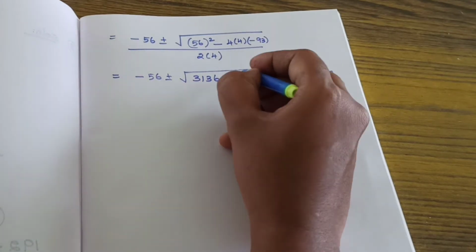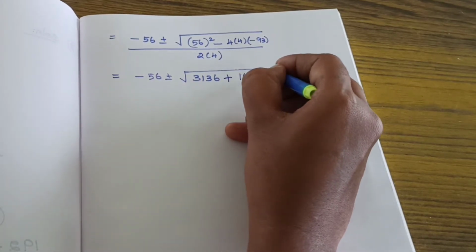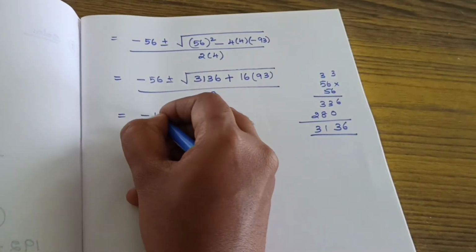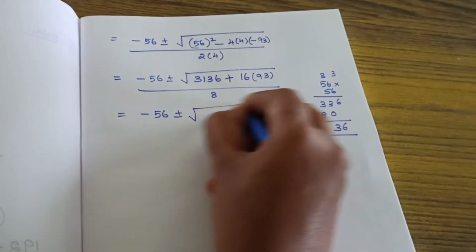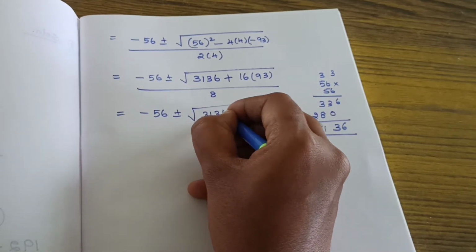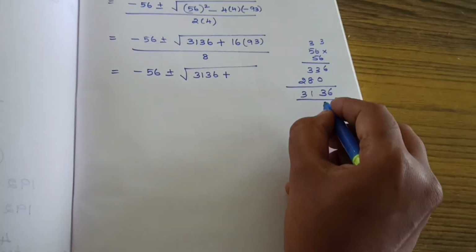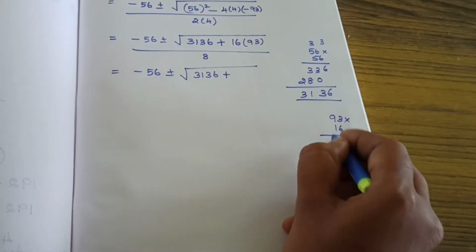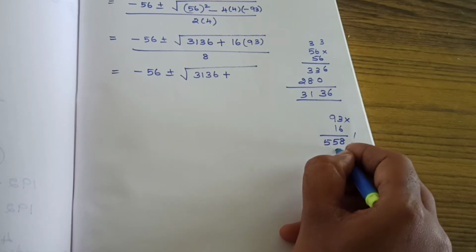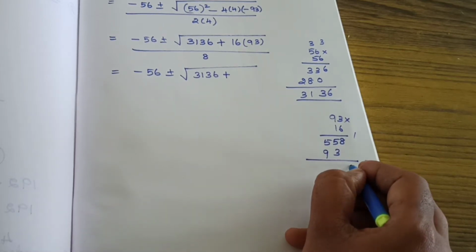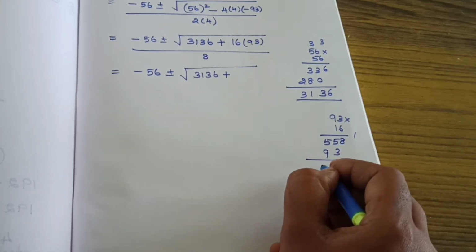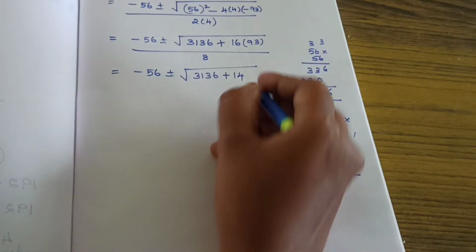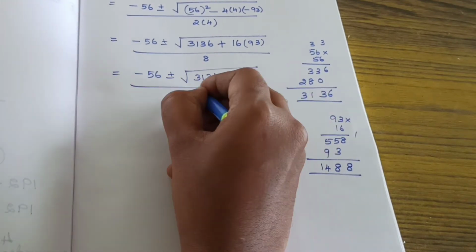So plus 4 4s are 16 into 93, the whole divided by 2 4s are 8, which is equal to minus 56 plus or minus square root of 3136 plus 93 into 16. 6 3s are 18, here 54, 55, and here 3 9s, so 8, 8 and here 40. Got it? So calculations you need to do correctly.